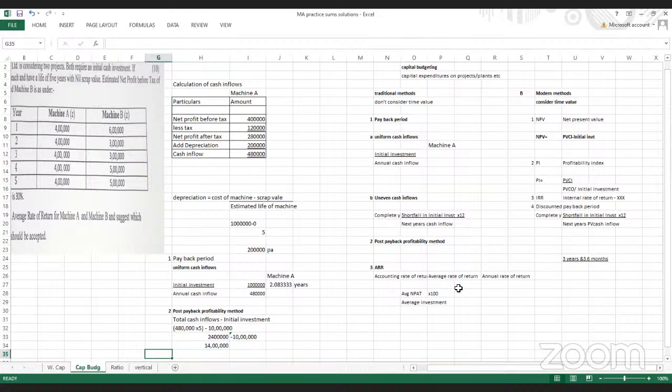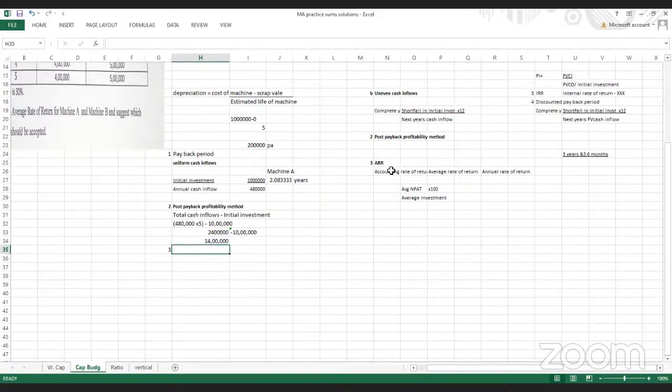Now third and last formula. It is ARR. The full form of ARR is accounting rate of return, or average rate of return, or some even call it annual rate of return. Anything is okay.